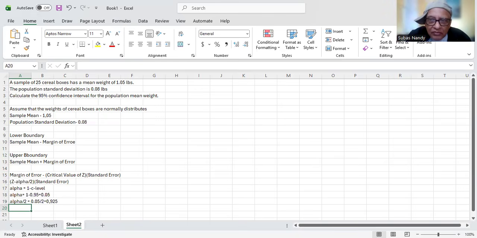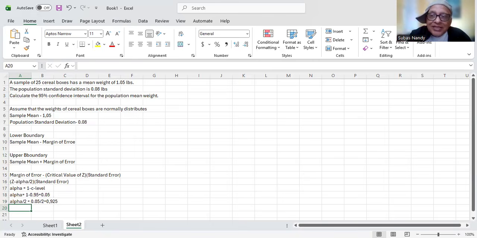So the margin of error is the maximum difference between sample mean and population mean. The formula is Z alpha by 2 multiplied by standard error. I have not yet explained what is standard error. I'm going to do so in a minute. But first, let's understand what is alpha. Alpha is the opposite of confidence level, so it is the complement of confidence level. It's 1 minus C, in our case 1 minus 0.95 is 0.05, and further we divide alpha into two equal parts, one on the left tail, one on the right tail.